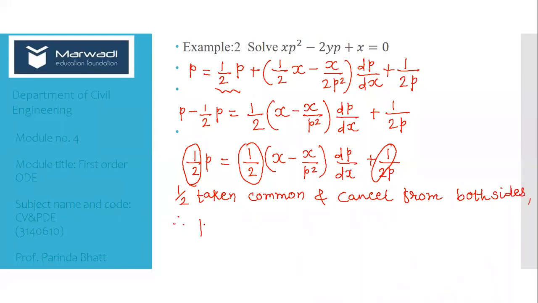Therefore, p equal to x minus x by p square, dp by dx, plus 1 by p. In this slide, we apply only dy by dx equal to p and some simple mathematical simplification, nothing else.